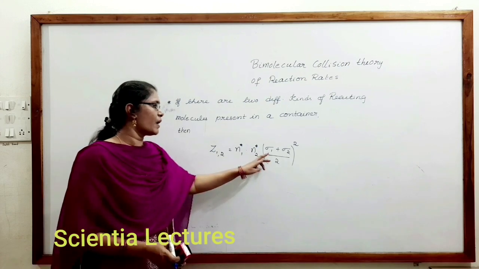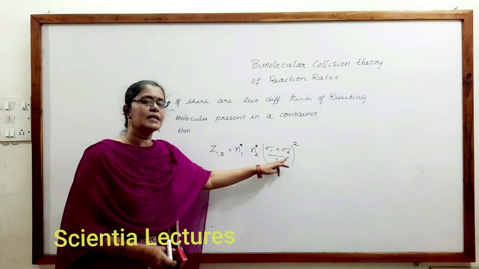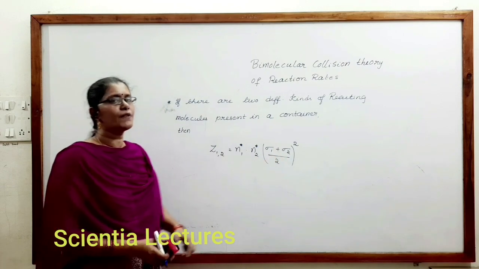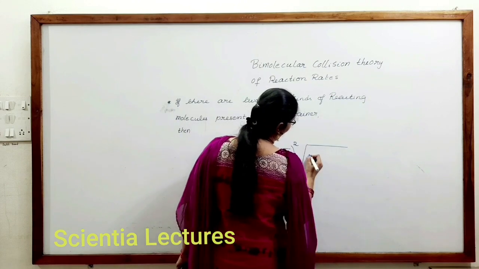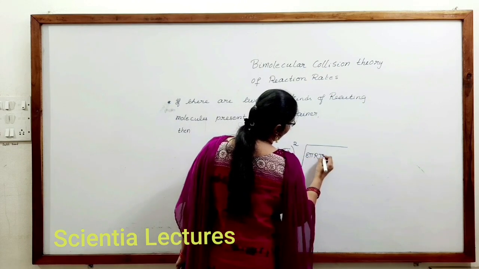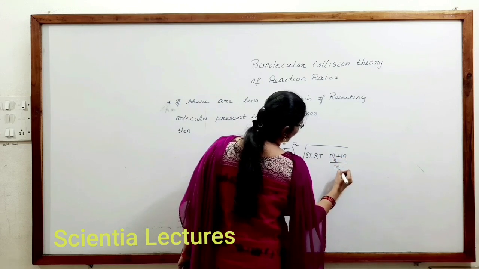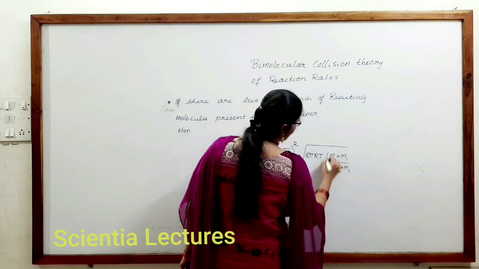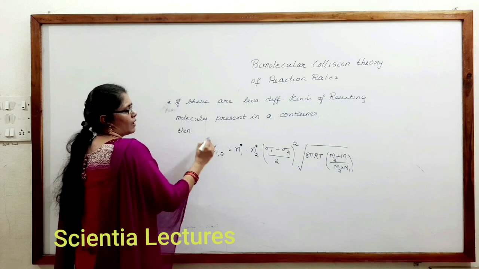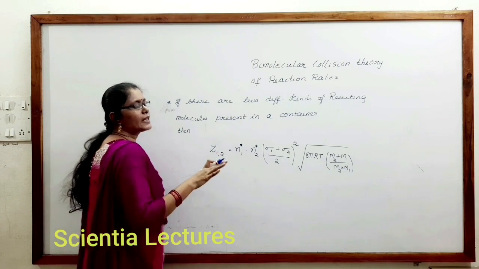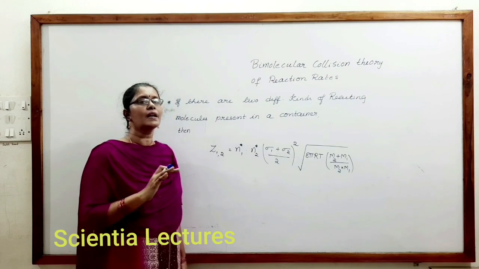Sigma 1 is the collision diameter of the first kind of molecule, and sigma 2 is the collision diameter of the second kind of molecule, into the square root of 8 pi RT into M2 plus M1 by M2 into M1. So this is the collision frequency when two different kinds of reactant molecules collide with each other in a container.